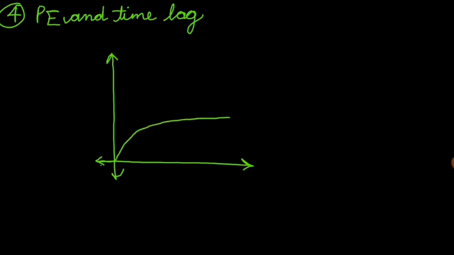So from here to here we have an average time of 10 to the power minus 9 seconds. It means the photoelectric effect is a very quick process. It takes place within 10 to the power minus 9 seconds.